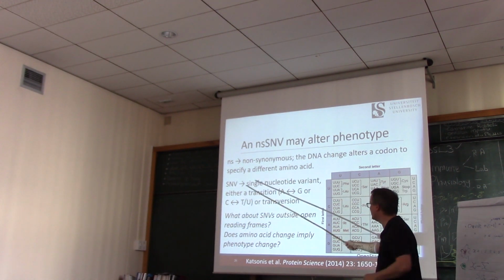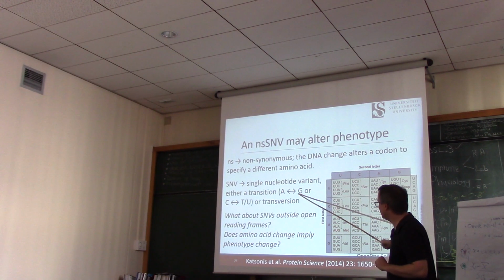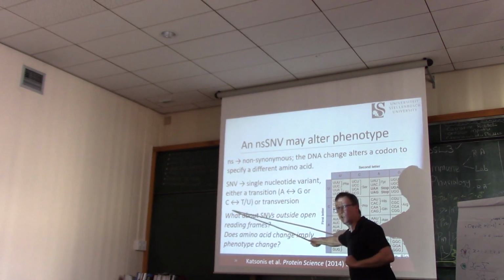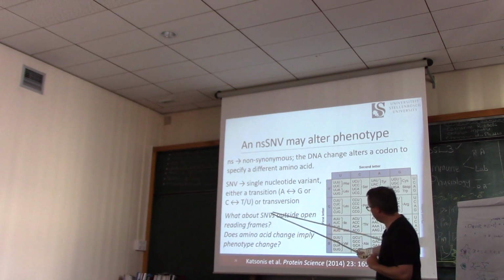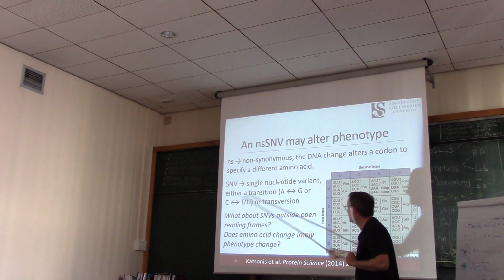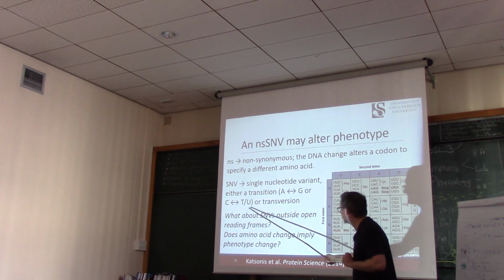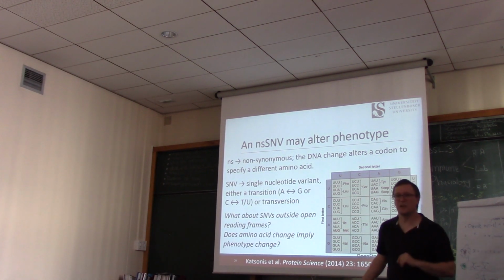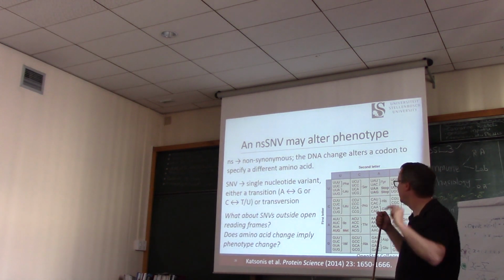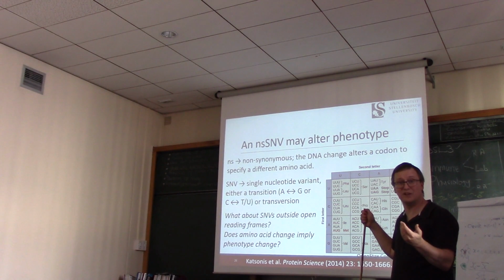Generally, when we're talking SNVs, we're talking about something that is a purine getting substituted for a purine, a pyrimidine getting exchanged for something that's a pyrimidine, or a transversion, where like an A becomes a T, or an A becomes a C, or a G becomes a T, or a G becomes a C. We should remember that C and T have more in common than does A and C, for example.